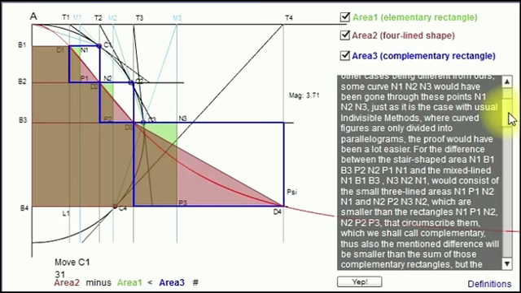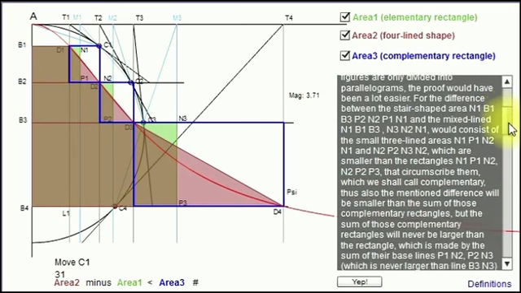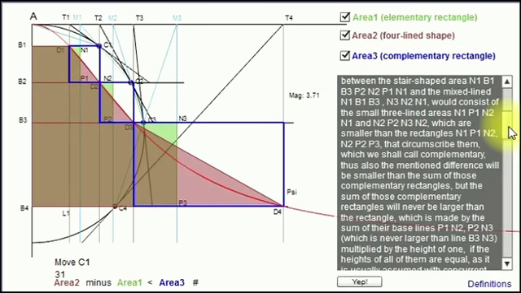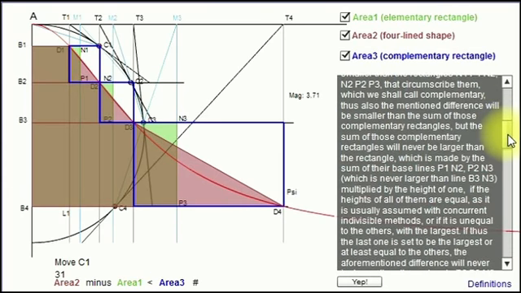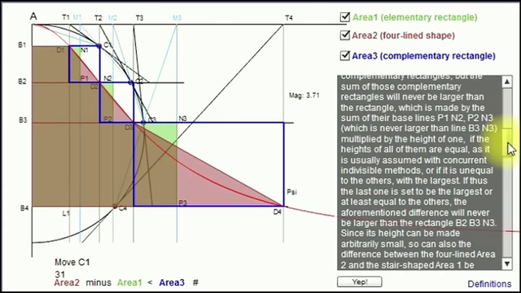Thus also the mentioned difference will be smaller than the sum of those complementary rectangles. But the sum of those complementary rectangles will never be larger than the rectangle which is made by the sum of their baselines p1, n1, p2, n2, which is never larger than the line b3, n3, multiplied by the height of 1, if the heights of all of them are equal, as it is usually assumed with concurrent indivisible methods, or if it is unequal, the others with the largest.